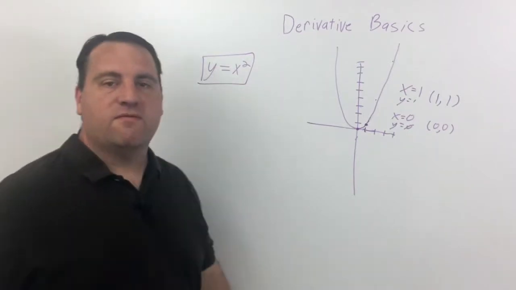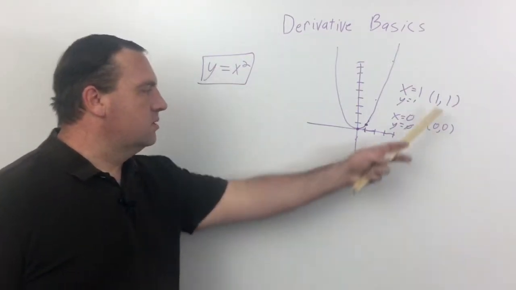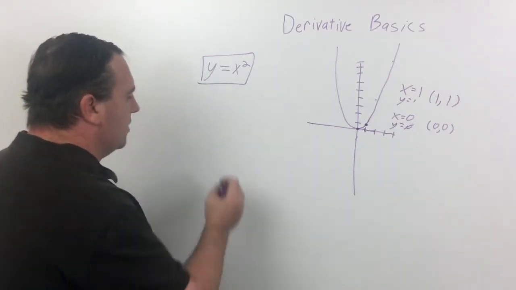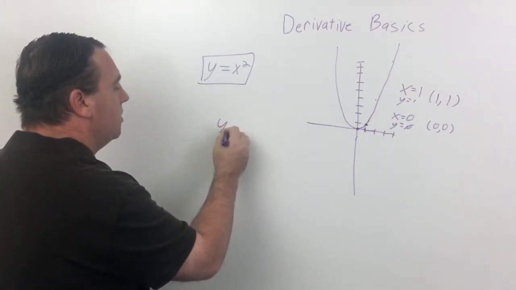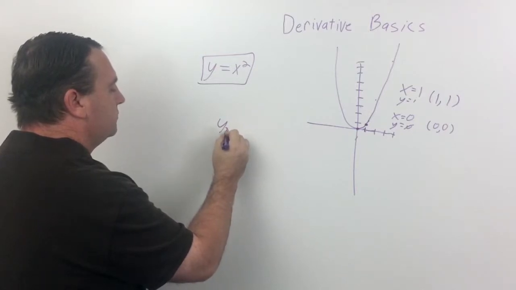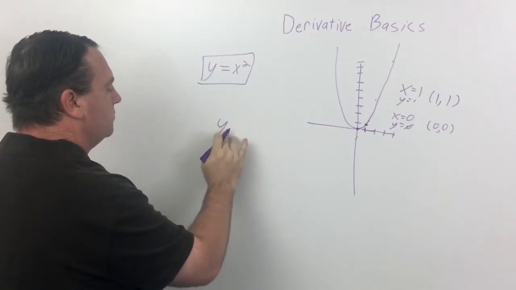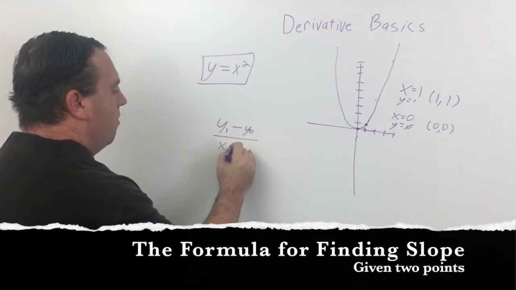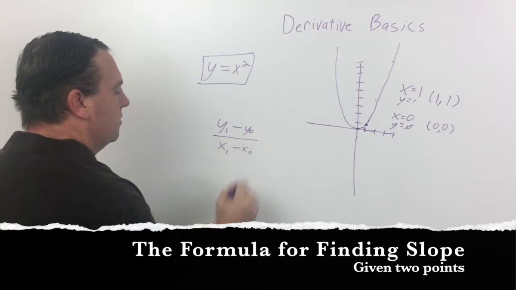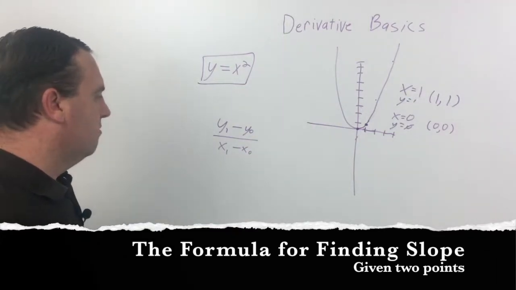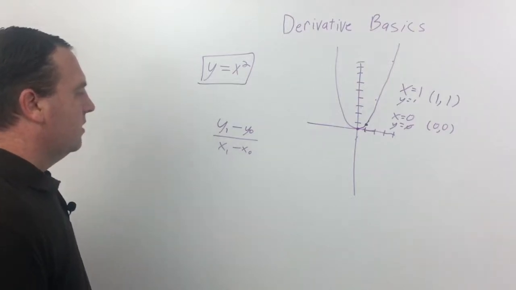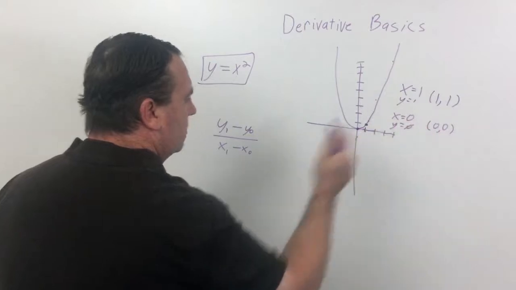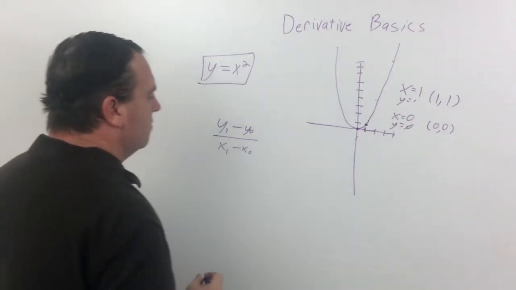So remember, we have a formula that if we know 2 points, we can determine slope. Okay? And the formula, which you should burn in your brain, is (y1 minus y0) over (x1 minus x0). Okay? And you can actually choose either one of these points for your 1 and your 0.